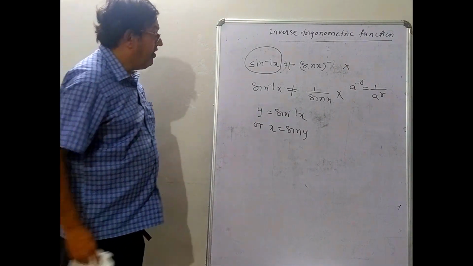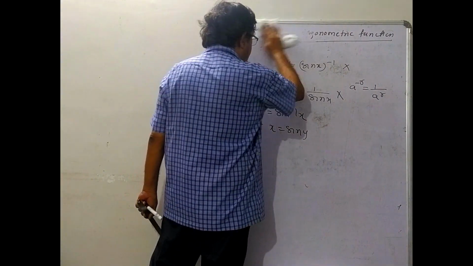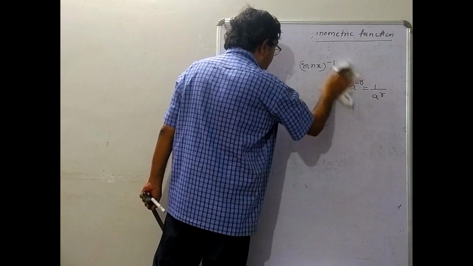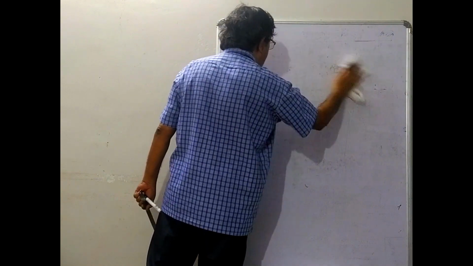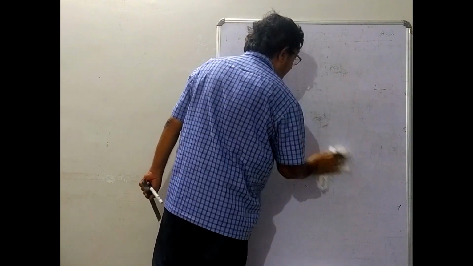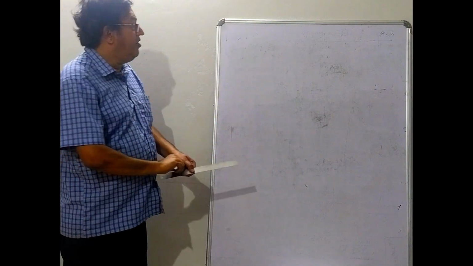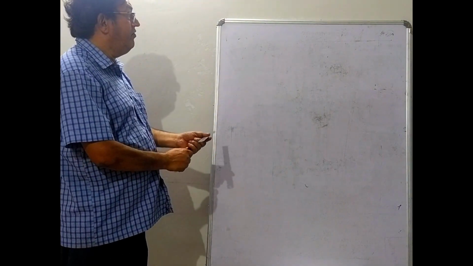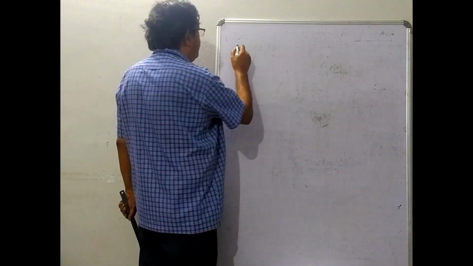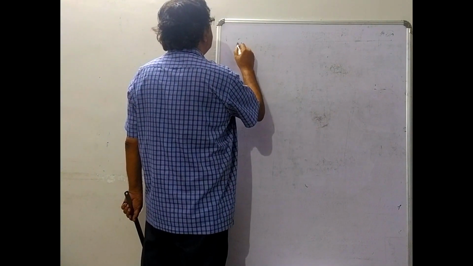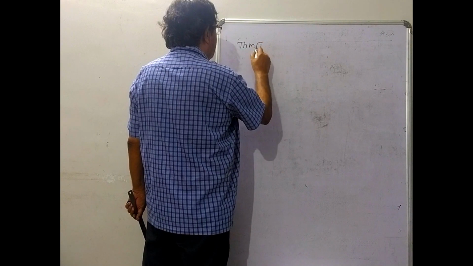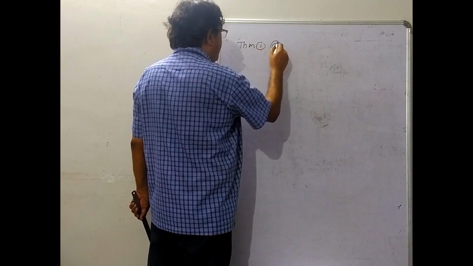Now we have some theorems. Whatever properties we are going to define next, we call them theorems, and a few theorems will have three parts. So I will give you the properties one by one. The first theorem, I will write as theorem number 1. There will be 3 parts.